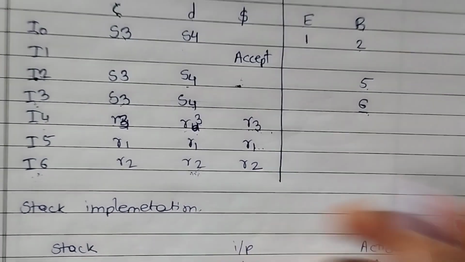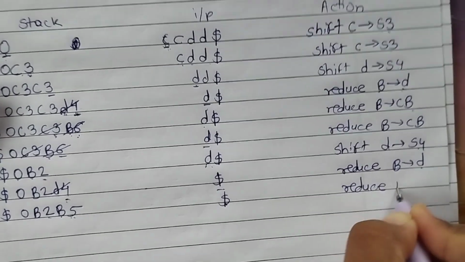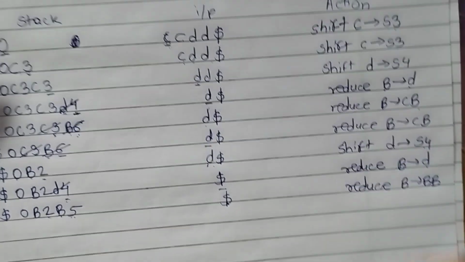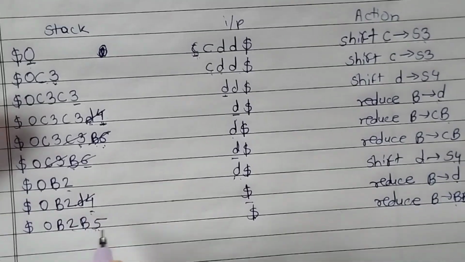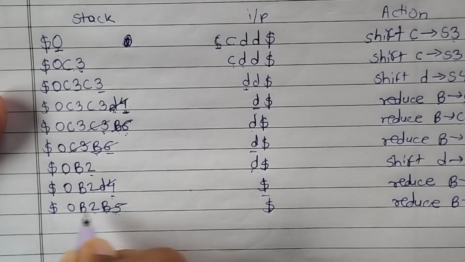R1 means reduce 1, so 1 is the numbering for E to BB, so reduce E to BB. Now here 2 characters are present, so how do we cancel them? Reduce by 1 and 2.